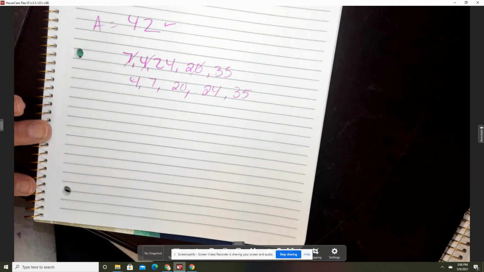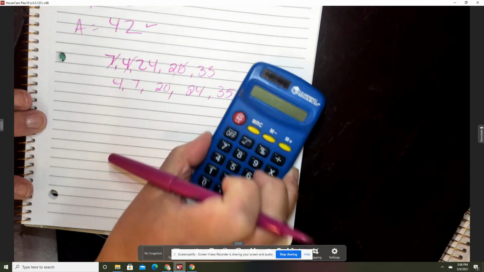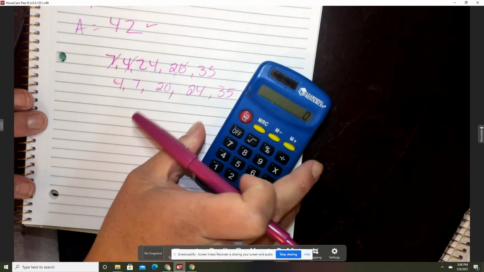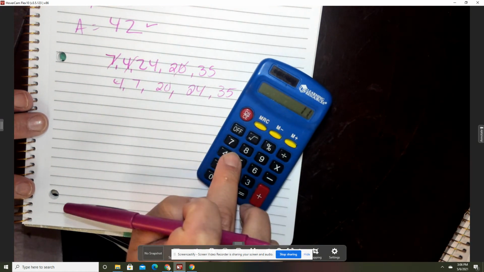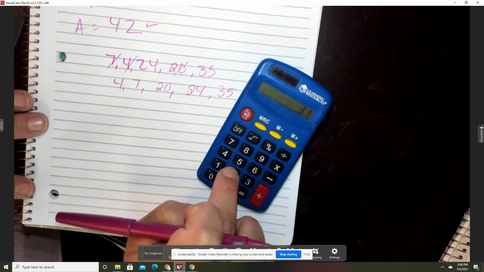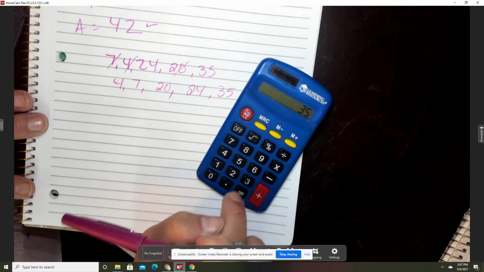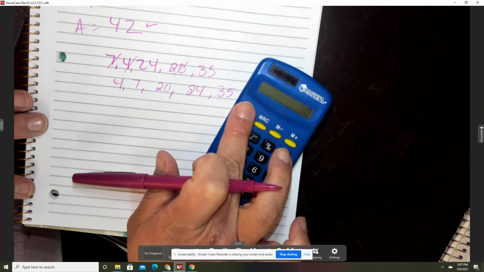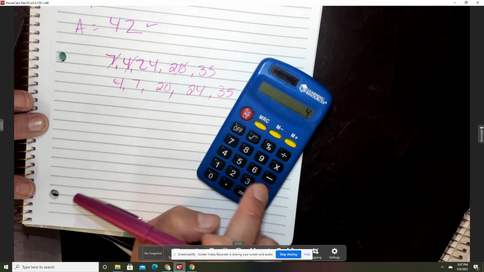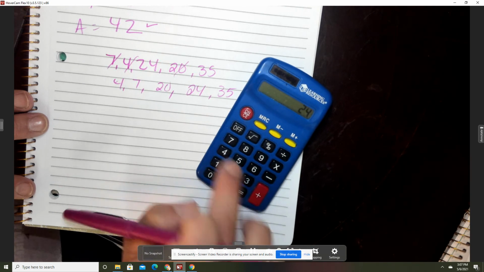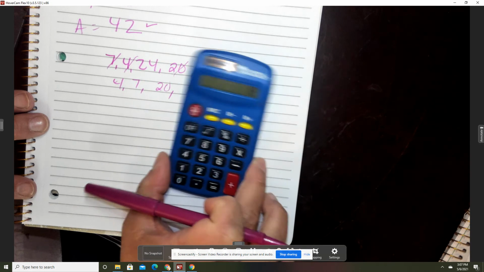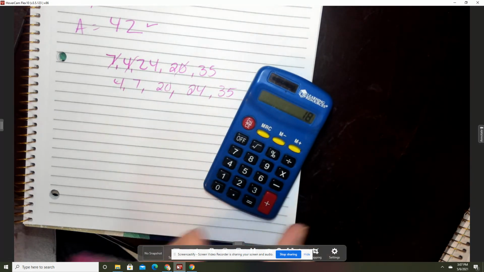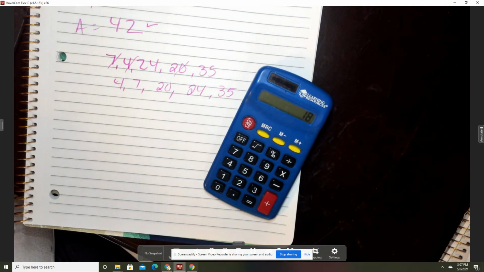I'm going to add those up and then divide by 5. 1, 2, 3, 4, 5. So 7 plus 4 plus 20 plus 24 plus 35. That's going to be 90. I'm going to add that up one more time to make sure I've got the right total, and then divide it by 5. That gets me 18. So the mean is 18, which is about in the middle.